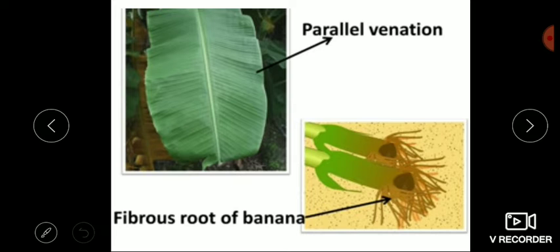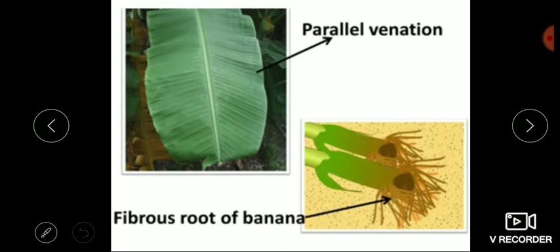So, you can see here the leaf of banana. The pattern of veins on the leaf is called leaf venation. You can see here parallel venation. What is parallel venation?